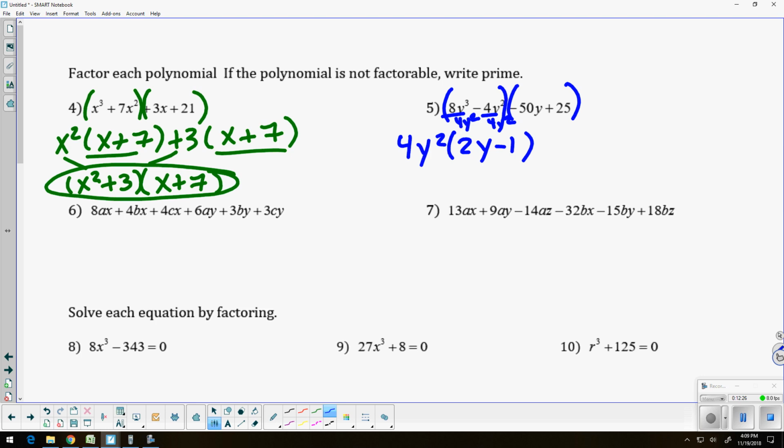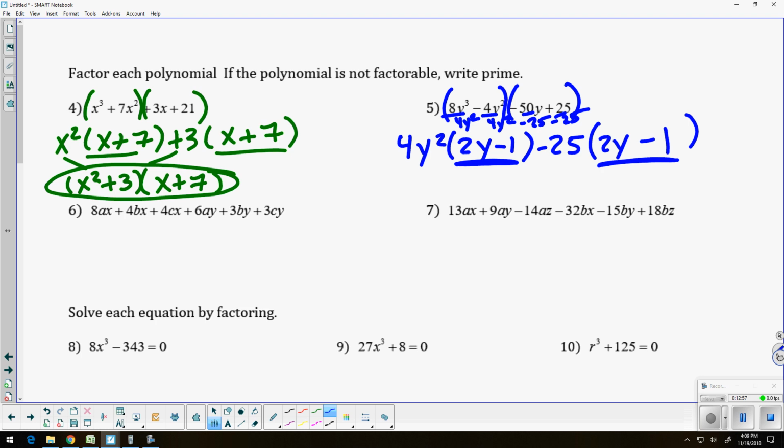In your second grouping, negative 50y plus 25, you could definitely take out 25, but you're going to want to take out negative 25 because what you have left here has to match what's left over here. If you take out negative 25 instead of just 25, you will have perfect matches. Divide each term by negative 25, you would have a positive 2y like you want, and 25 divided by negative 25 is negative 1.